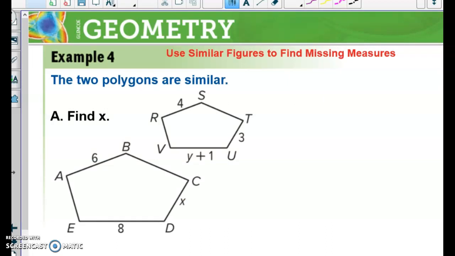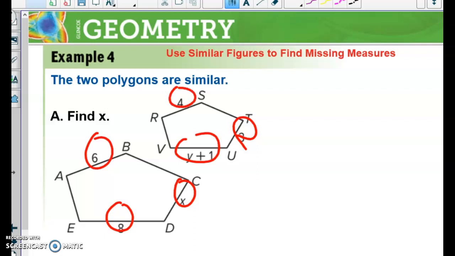In this one, we're saying if they're similar, then we know that the 8 is to the y plus 1, and we know that the x is to the 3 as 6 is to 4. So let's solve some of these and see. There's only one of the sides that we know both of the numbers, and that's going to be true for all the problems.